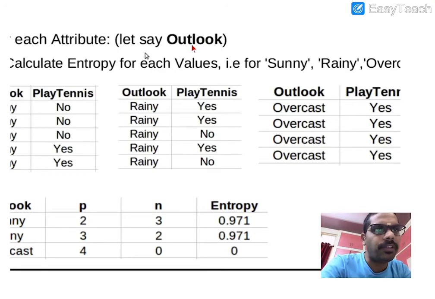For the outlook attribute there are three values: sunny, rainy, and overcast. We use the same formula which we used for finding the entropy of the entire data set, and using that formula we computed the entropy for sunny, rainy, and overcast.